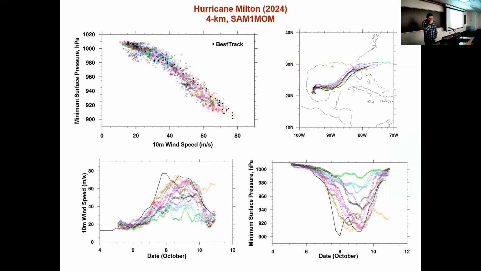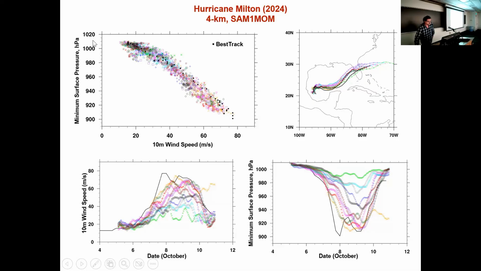So here, on the right, there are some tracks, and the track is not well reproduced, but the main point of this was the intensity and time evolution. So this plot shows on the horizontal axis the 10-meter wind speed, so this is basically maximum wind speed.